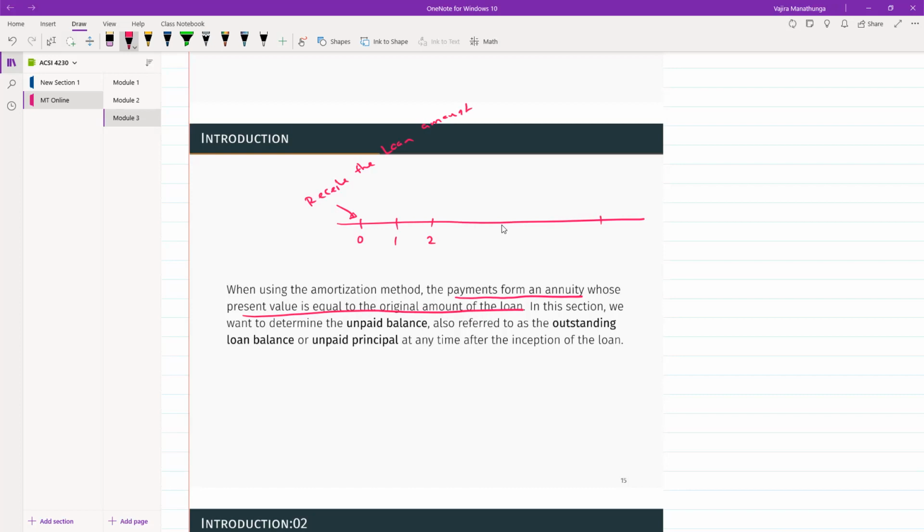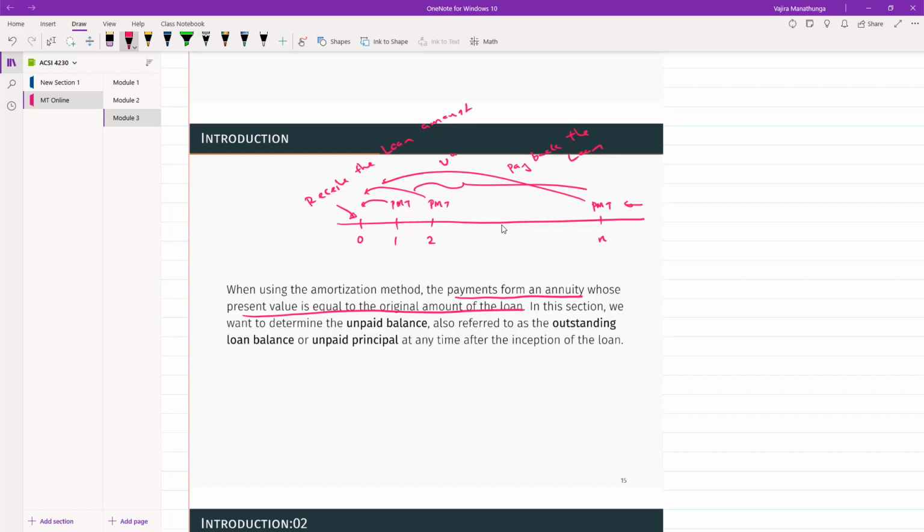So let's say you are making level payments. So these are payments. Then the present value of these payments should equal the loan you received at time 0. Okay, so that's what this means.